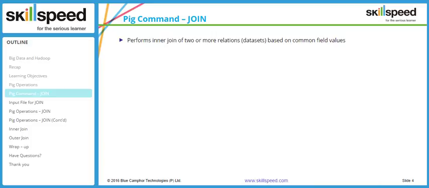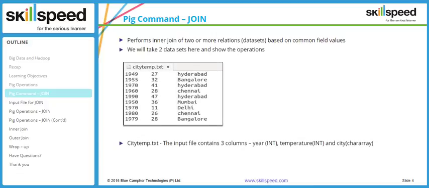The only condition is that we should have two data sets and both of them should have a common column. To demonstrate this, I am using two data sets. The first one is the citytemp.txt data set, which we were using throughout this module, and the second data set is called city state.